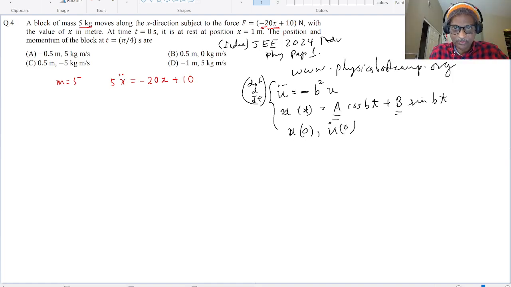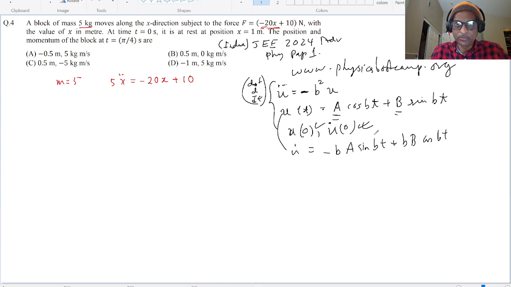So u dot will be minus b a sine bt plus b cosine bt, and from knowing these two you'll be able to get a and b, and that's how you solve this.